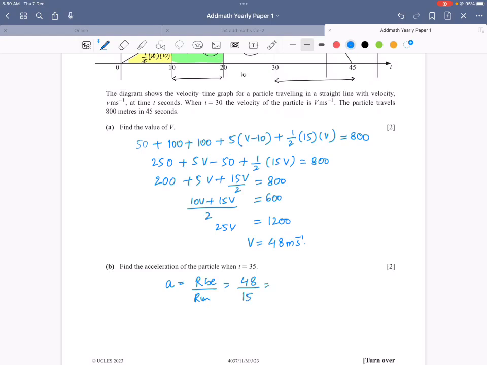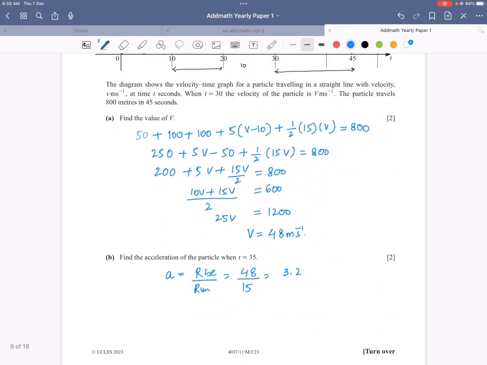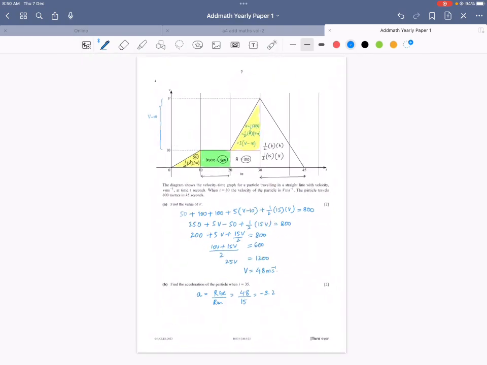So 48 divided by 15, it is equal to 3.2. Alright, and since it's a negative, it's a deceleration, so we need to introduce minus sign here. Alright, I hope it clears.